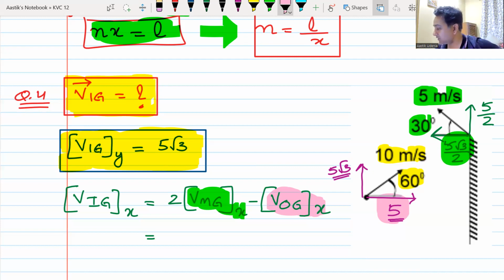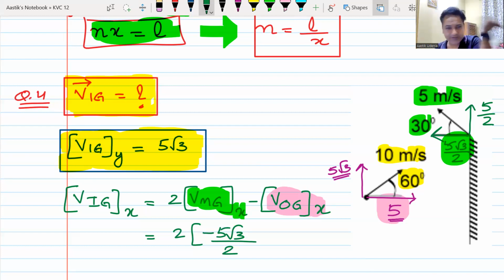Yes, so we just put the values here, my dear friends. 2 times velocity of mirror with respect to ground is like this, so I will write it as minus 5 root 3 by 2. Left is negative. Minus velocity of object with respect to ground is like this, so I'll write it as plus 5.